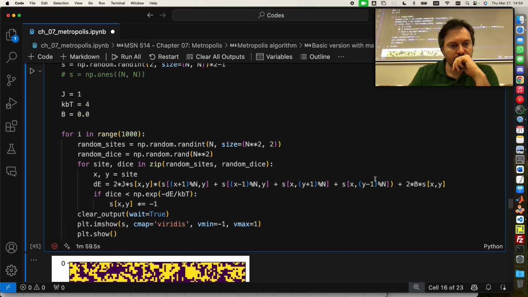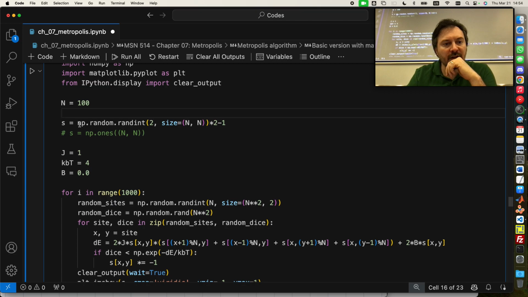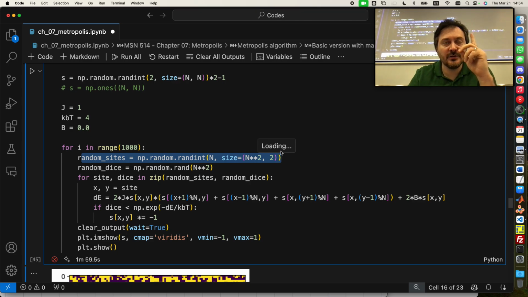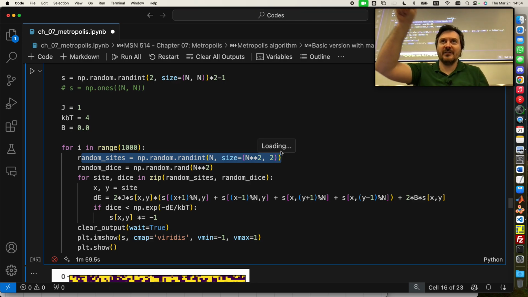Look, we start with random states. Then right at the beginning, one Metropolis Monte Carlo step is the following. You go to each spin randomly. You go to this spin, try to flip it with certain probability, you accept it.